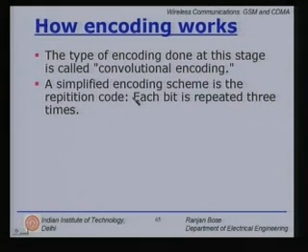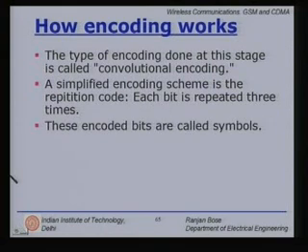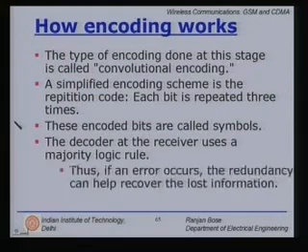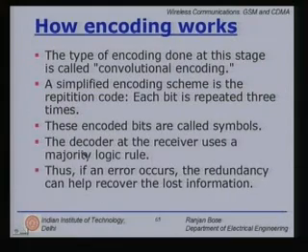This is just for illustration, it is not used. Each bit can be repeated 3 times. Each encoded bit is called a symbol. The decoder at the receiver uses a majority logic if you are doing a repetition code. We have gone into details about linear block codes, cyclic codes, and convolutional codes in our previous lectures. Thus, if an error occurs, the redundancy can help recover the lost information.